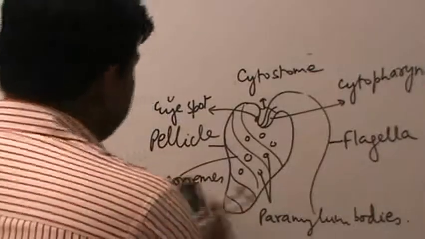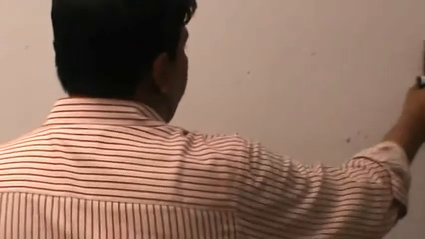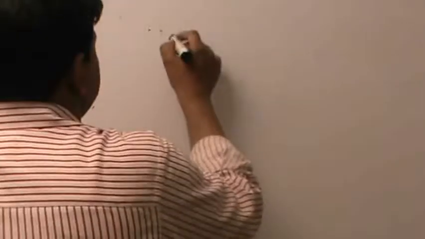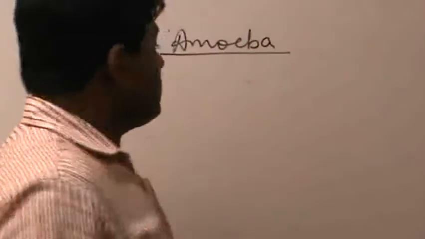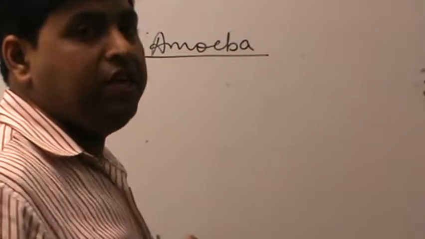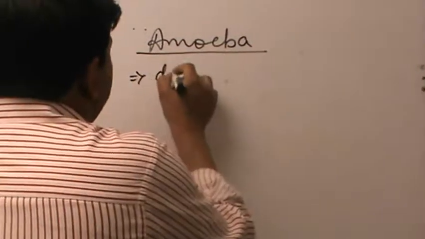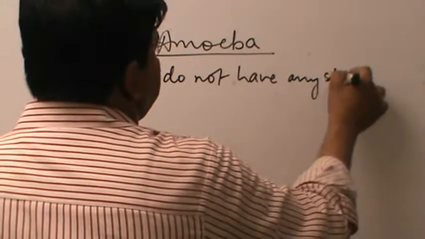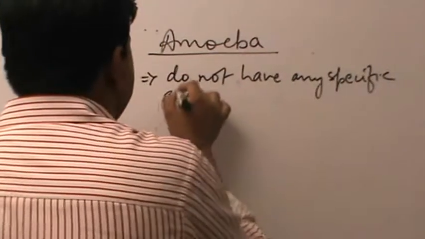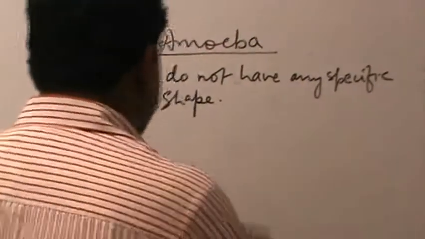Now next is our amoeba. This organism does not have any specific shape.